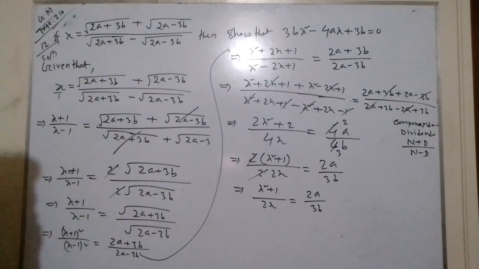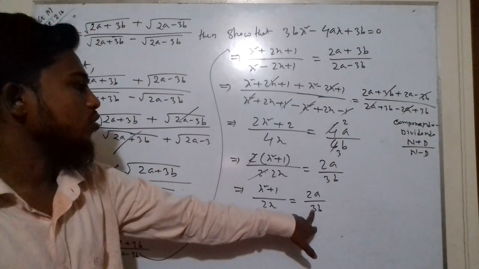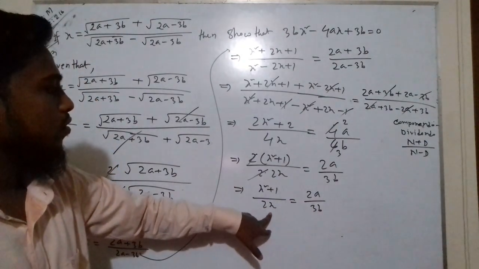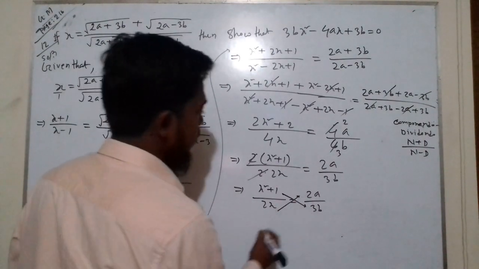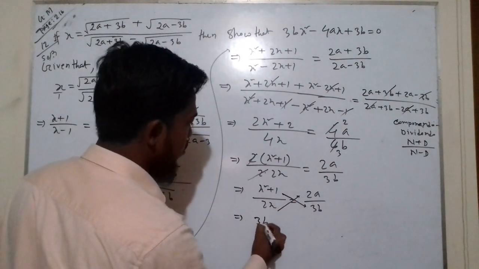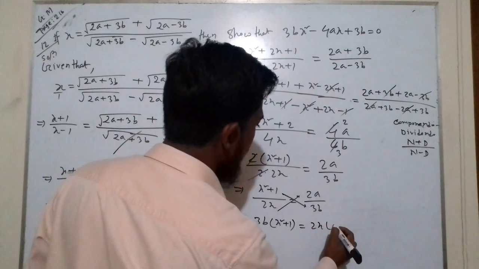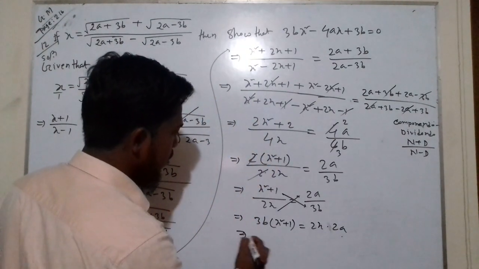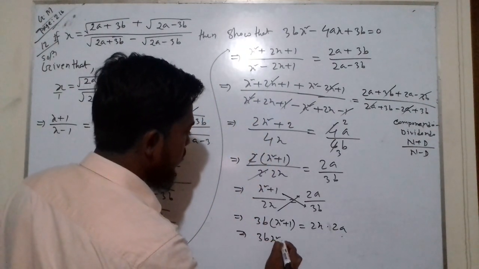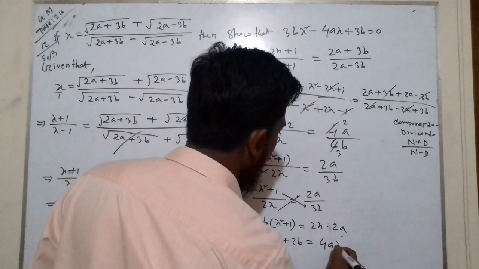Now multiply x square plus 1 into 3b and 2x into 2a, cross multiply. Then we can write 3b into x square plus 1 equals 2x into 2a. So we can write 3b x square plus 3b equals 4ax.